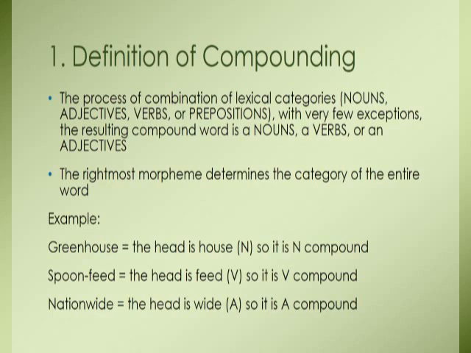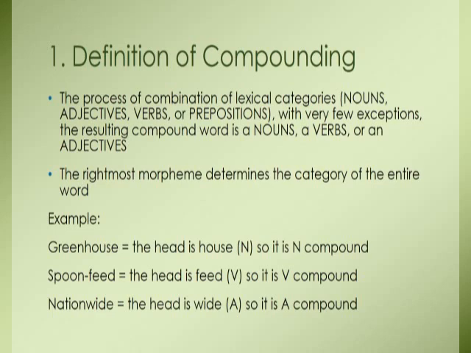In determining the head of the compounds, because as we know compounds are the combinations of lexical category, yeah? So it can be noun with adjective, noun with verb, or noun with preposition, and other combinations. So we have to decide what kind of head those combinations have, yeah.